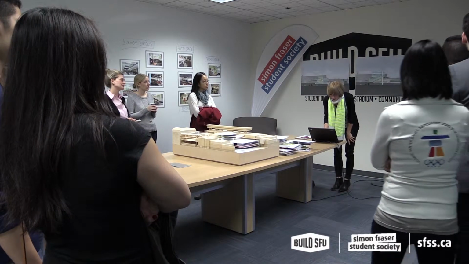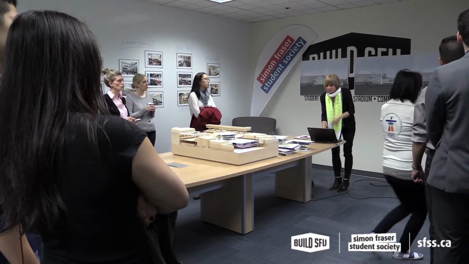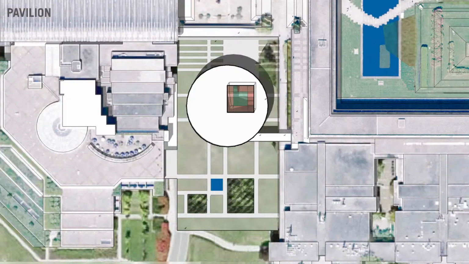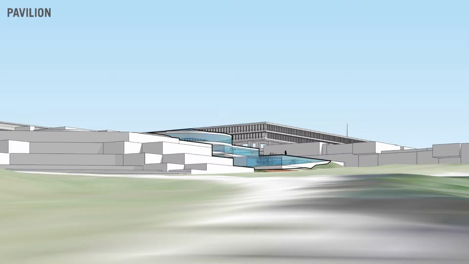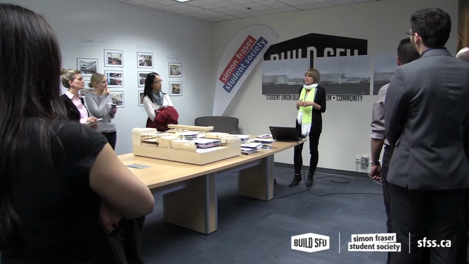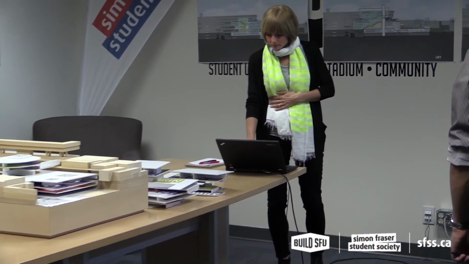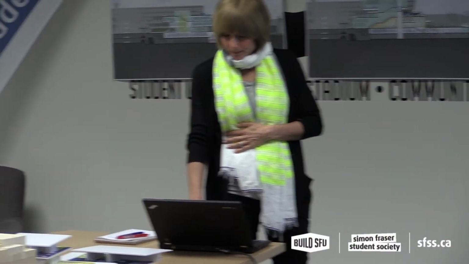Just to show what that might be, this is a plan view looking from above. This is looking from Gallardi Way. This is something that was talked about quite a bit last year, preserving this view of the AQ as you drive up Gallardi Way, and looking at what the impact of each of these buildings might be on that view.